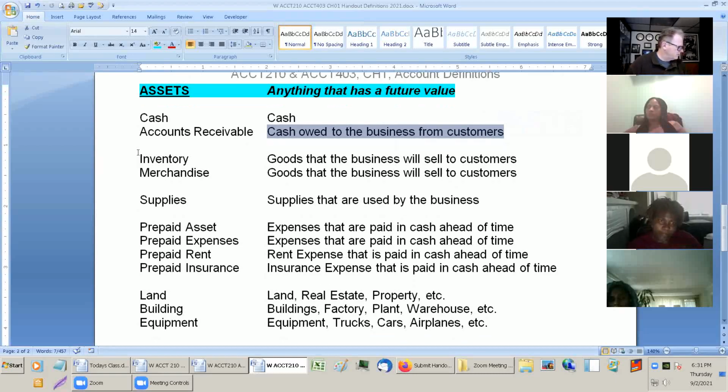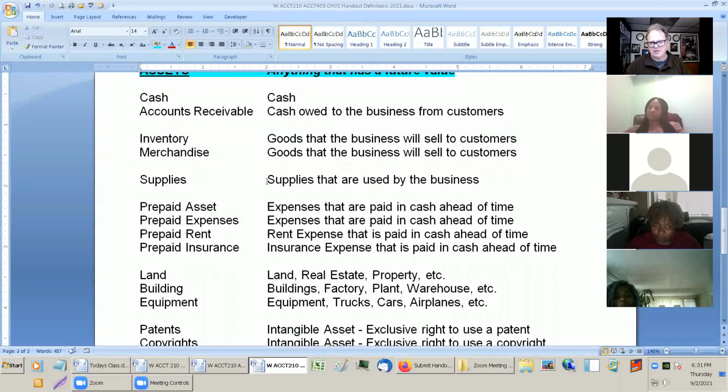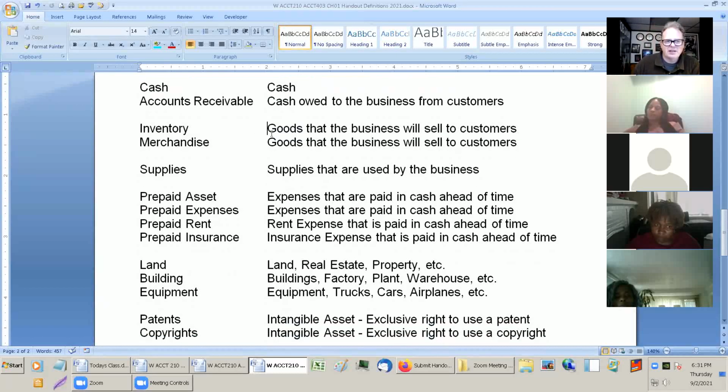Inventory, this thing. If you buy these, it's an asset. It's something that has a value, and so inventory will be an asset. Supplies are things like cleaning stuff. The difference between supplies and inventory or merchandise is that usually supplies aren't sold.